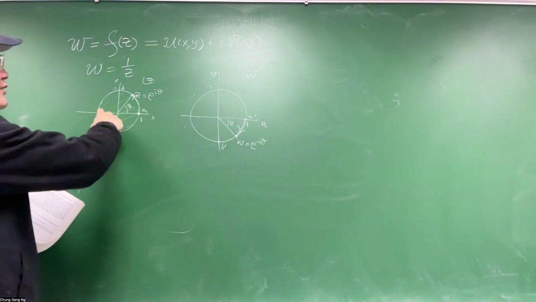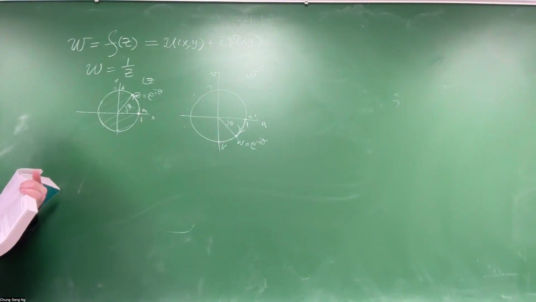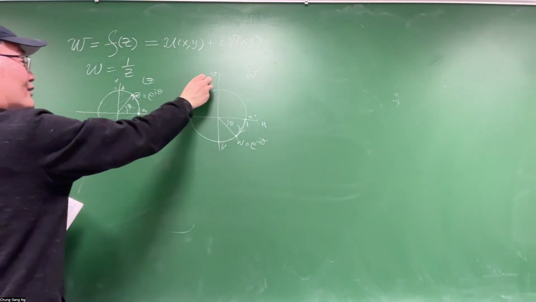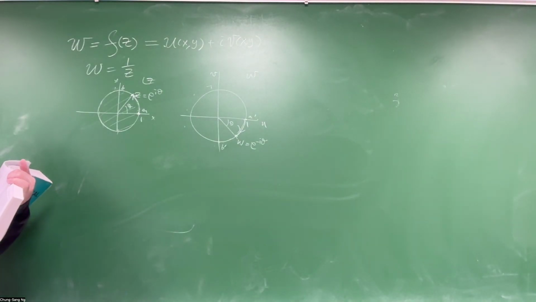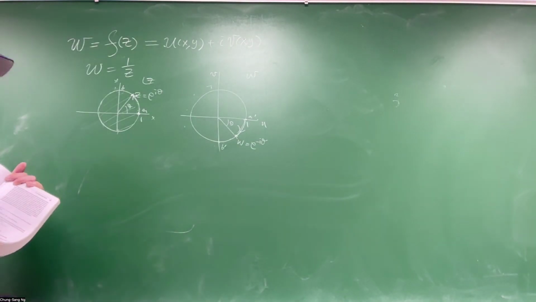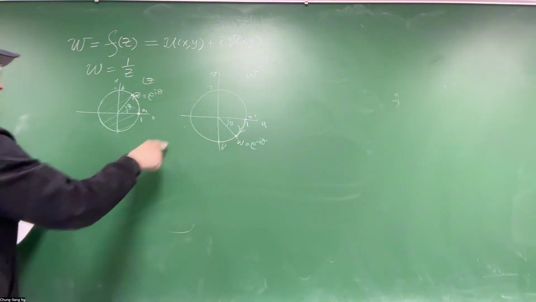What do you think it is? What region on the W plane will this interior map to? Outside the circle, right? And why is that so? Because it's the inverse of that. Yeah, that is an obvious reason.